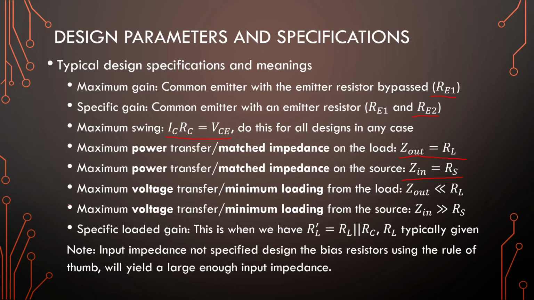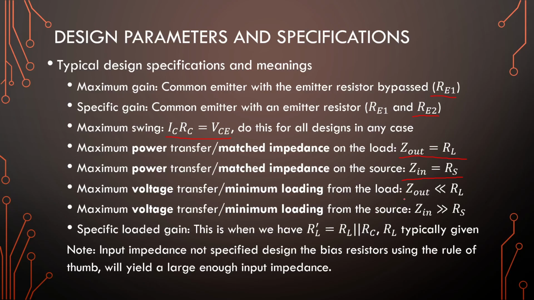The second one would be for maximum voltage transfer. This is to give minimum loading effects of the amplifier. Remember, if you pick your output impedance to be 0 and your input impedance to be infinite, the maximum gain of the amplifier and the total gain of the amplifier will be equal to one another.